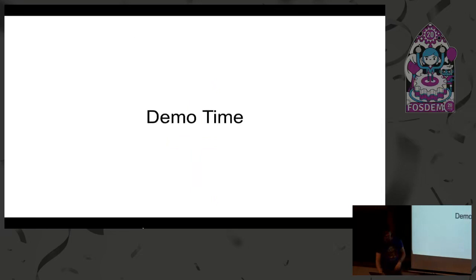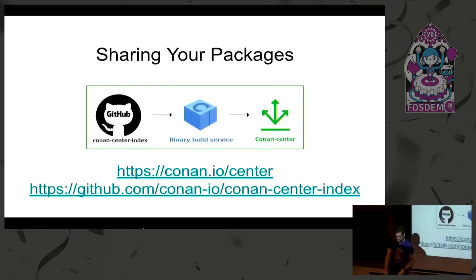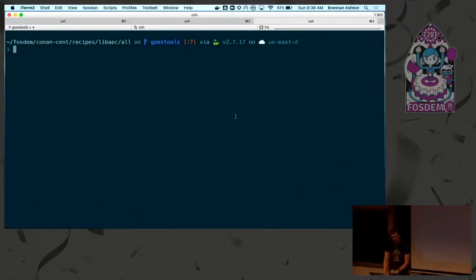So now let's do a quick little demo here. What we're going to do is, is anybody here familiar with something called GOES tools? The GOES satellites? Okay, that was what I was referring to in the beginning.